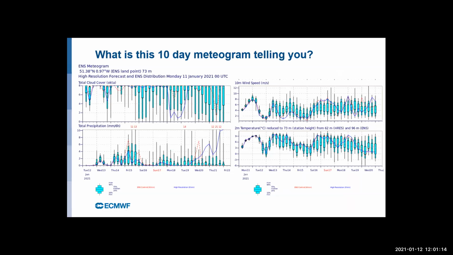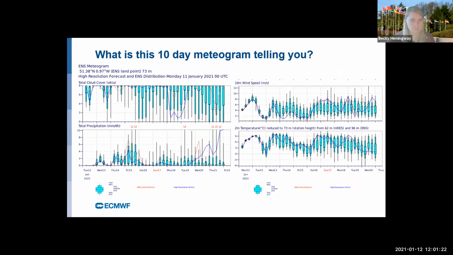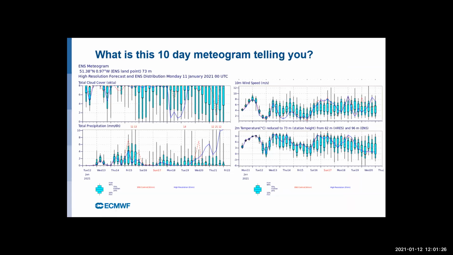So there is a question about high resolution and control forecast. What should be taken as best guess, control or high res? The high resolution is at the moment the highest resolution model we have at ECMWF, so you expect that the higher resolution would somehow be better than a lower resolution model.